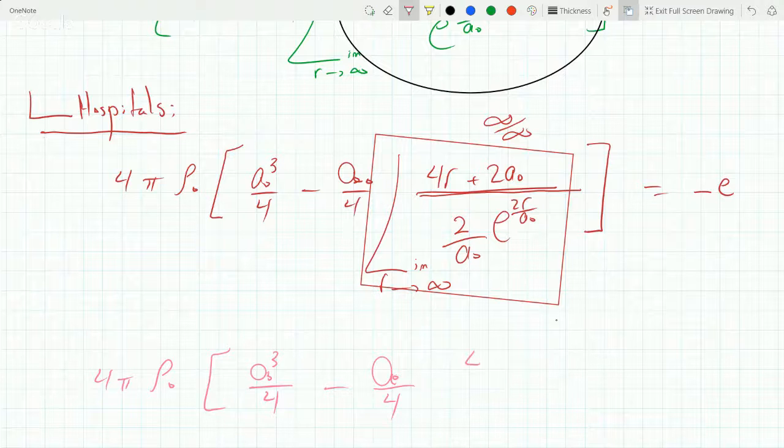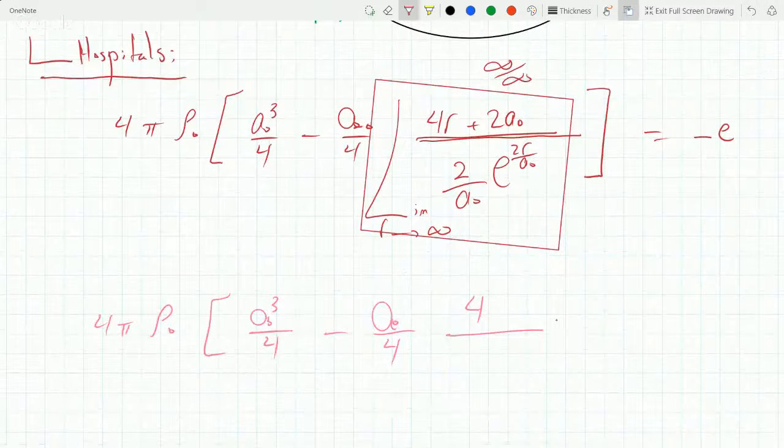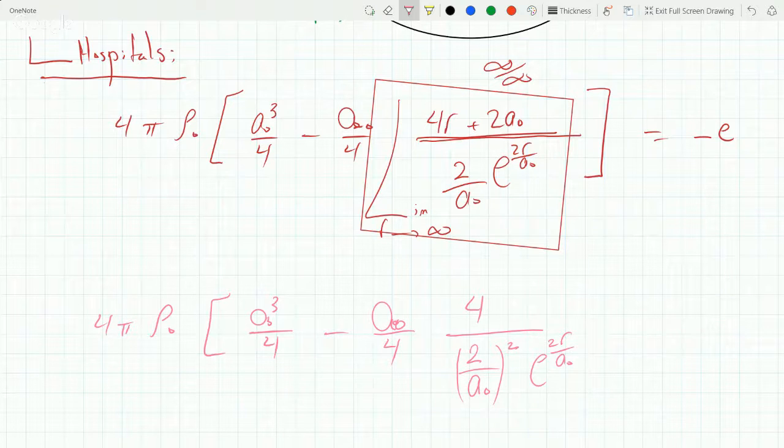So we get 4 on top over 2 over a0 e to the 2r over a0, and there's another 2 over a0 from the chain rule.